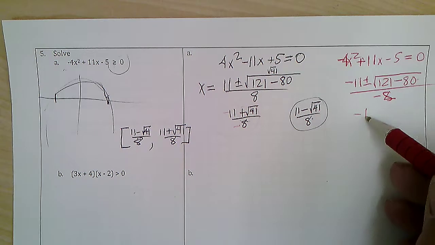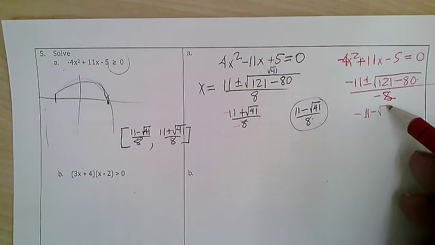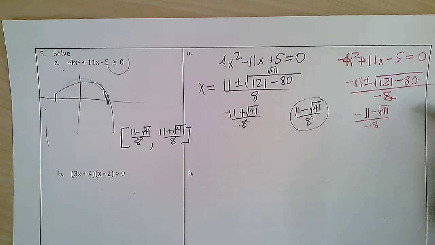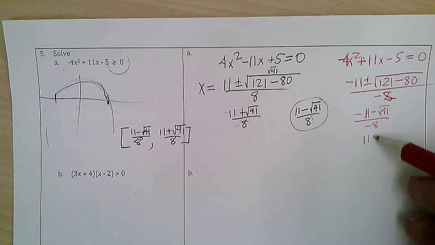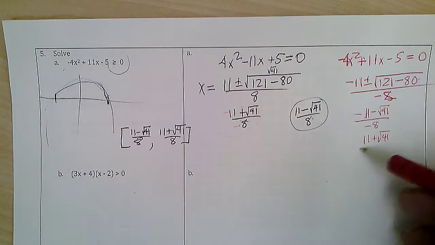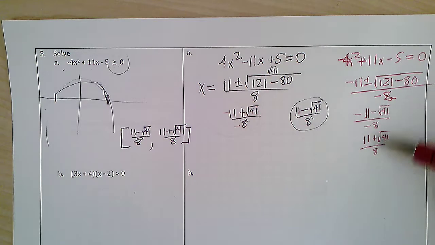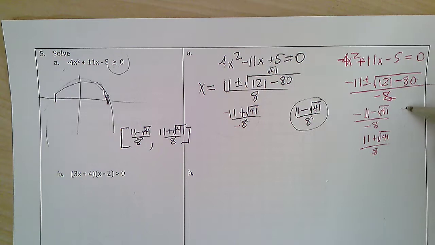The negative 11 minus the square root of 41 over negative 8. If you multiply the numerator and the denominator by negative 1, we get 11 plus the square root of 41 over 8. Same number. You can put it in your calculator and verify. The other one would be negative 11 plus or minus the square root of 41 over negative 8.